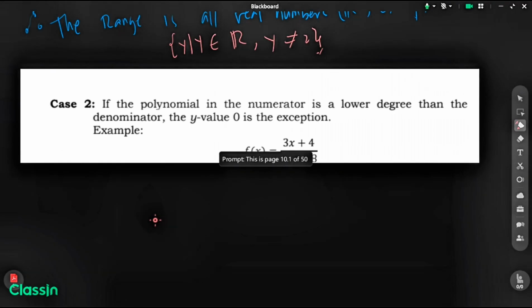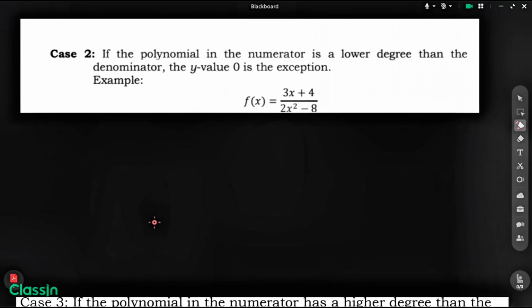For number 2, if the polynomial in the numerator is a lower degree than the denominator, the y value 0 will be the exemption.